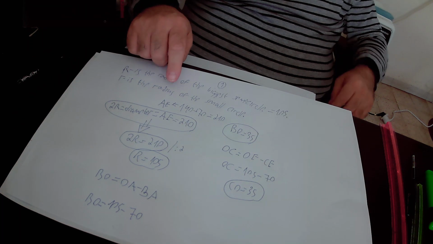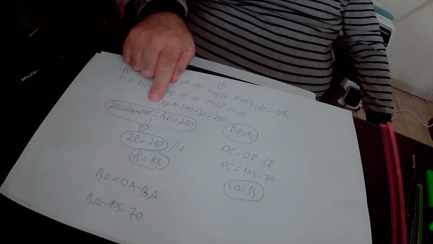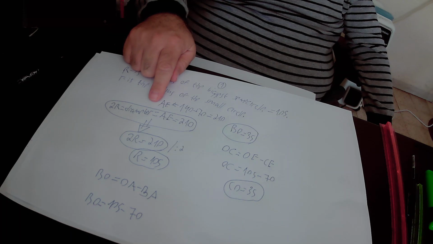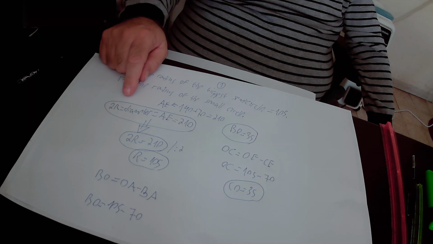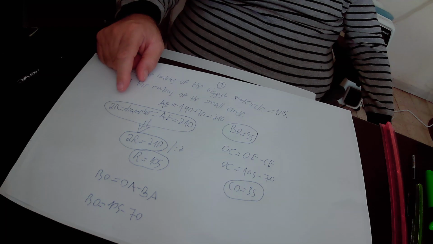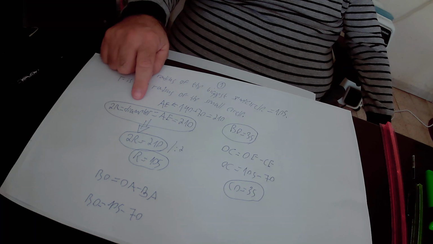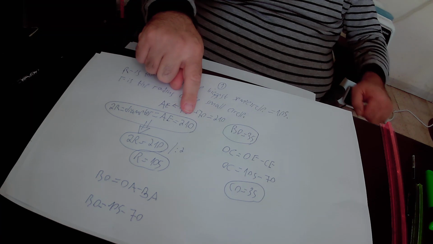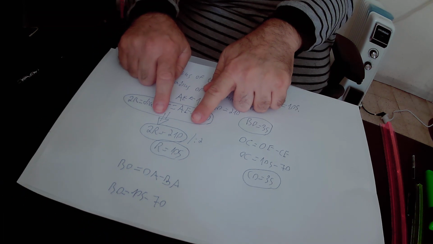So we found out that AE is also the diameter of the biggest semicircle, and the radius equals capital R, therefore the diameter must be equal to twice the radius, that is, 2 times capital R. And from this long equation, 2 times capital R equals the diameter, which equals AE, which equals 210, we derive that 2R equals 210.